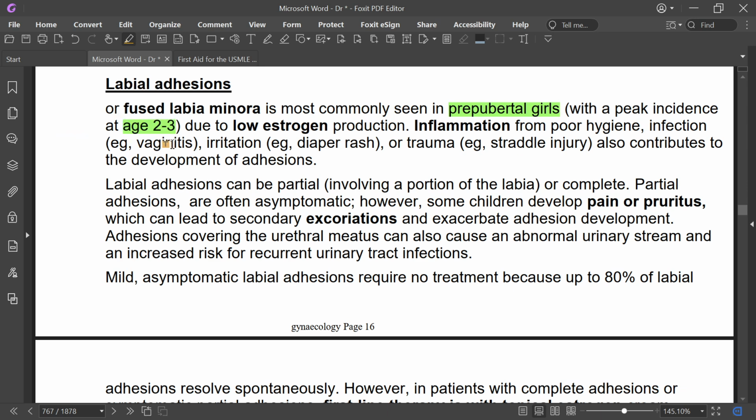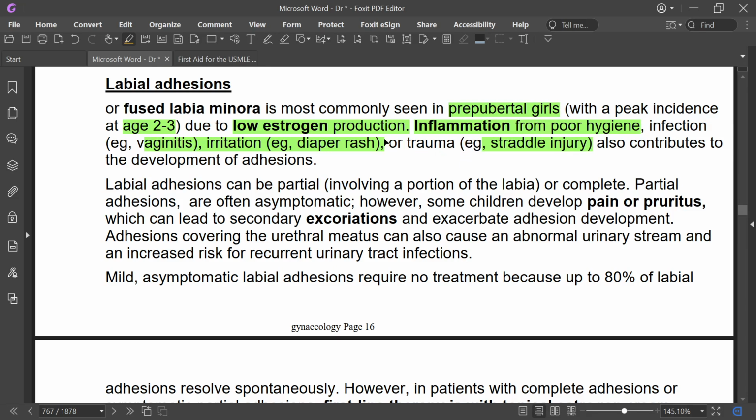Causes are low estrogen production, inflammation from poor hygiene, infection, vaginitis, and diaper rash. Another is trauma, such as straddle injury, which also contributes to the development of labial adhesion.